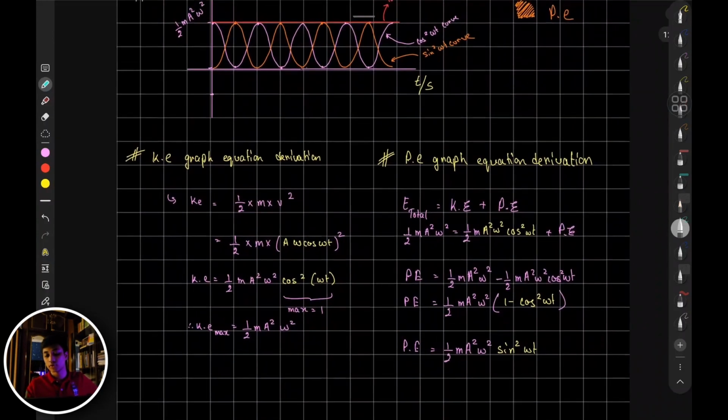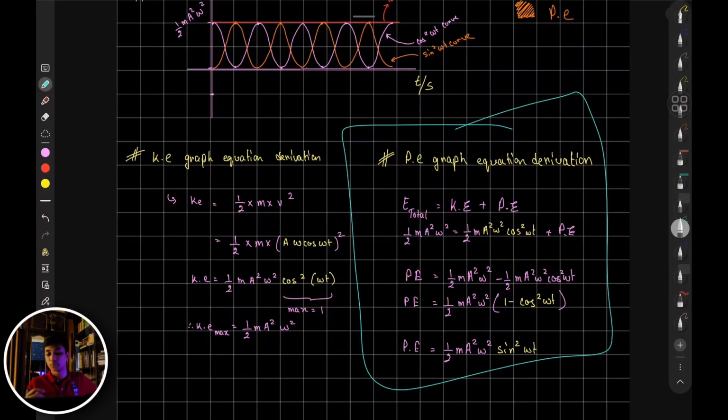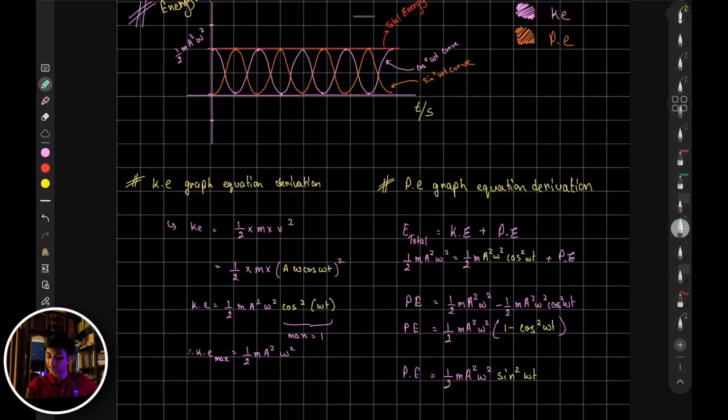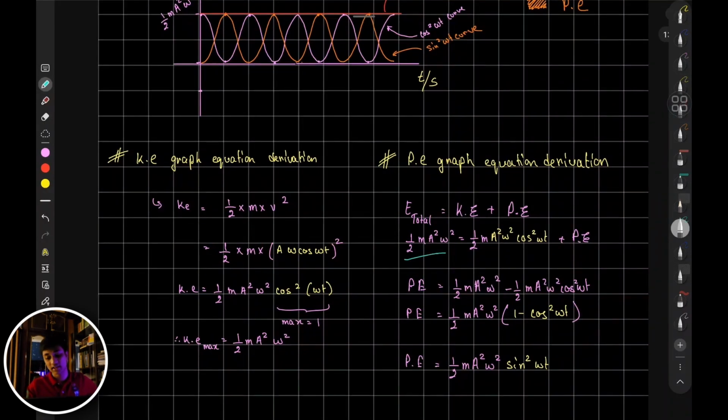Right. So for this part, what's happening with the potential energy? What's happening with the potential energy is basically, you know, the total energy, which is half m a square omega square. You know the kinetic energy, which is this, and you don't know potential energy. Right.